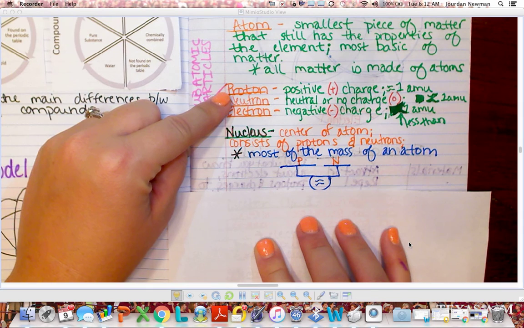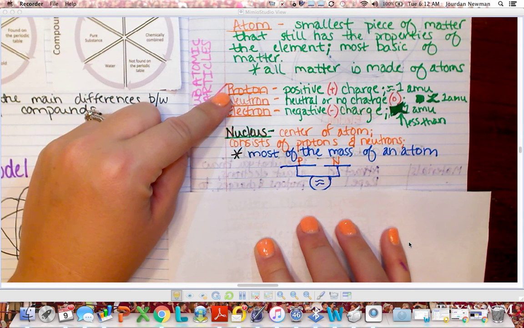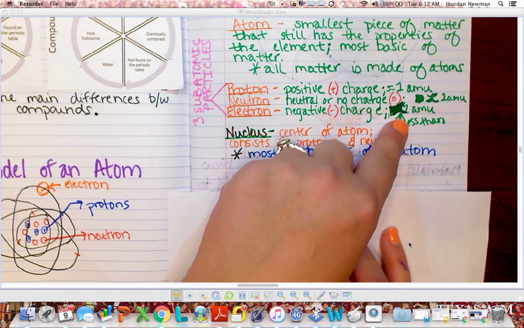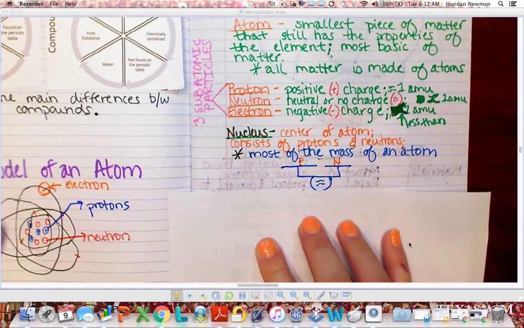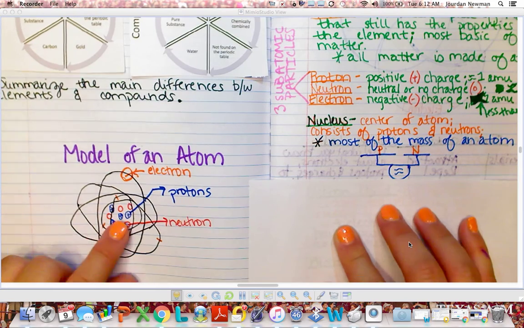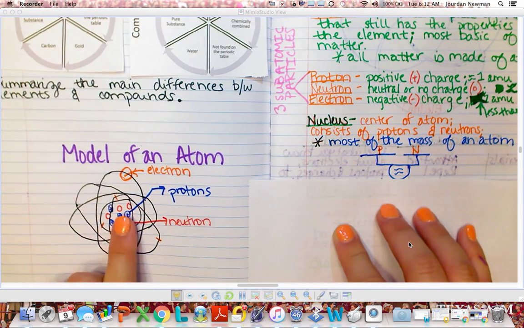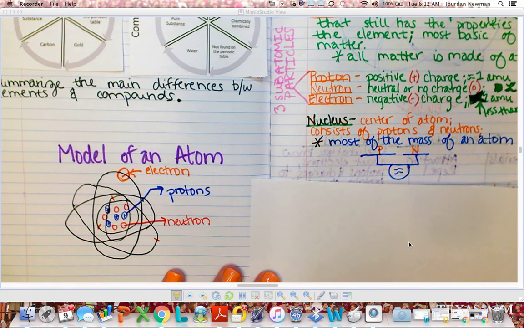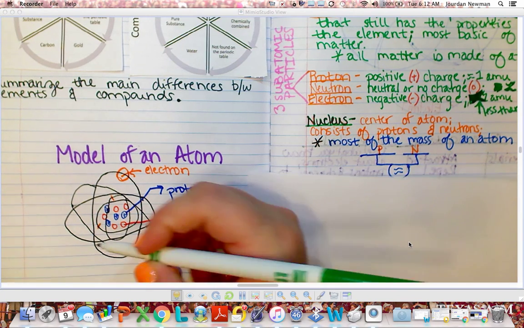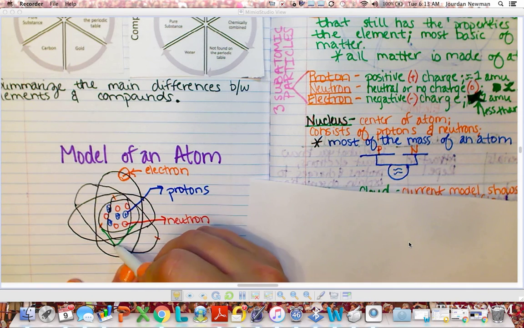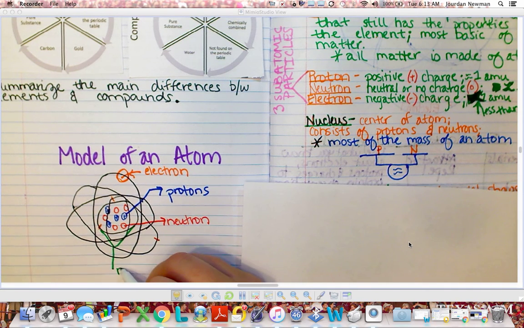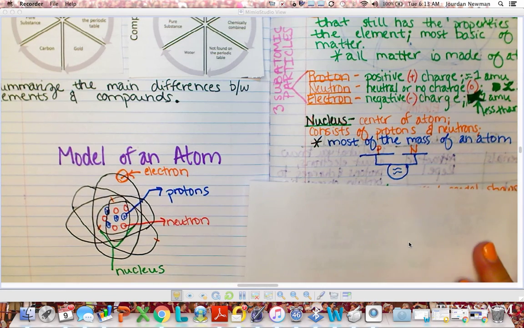Again, if you recall, our protons and our neutrons are about 1 atomic mass unit apiece. Okay, and our electrons are teeny, teeny, tiny compared to that. So if our bigger particles are all together in the center, then this is where most of our mass is going to be. Okay, so let's go ahead and label that this entire structure right here is our nucleus.